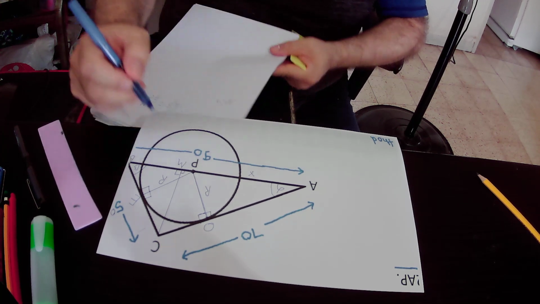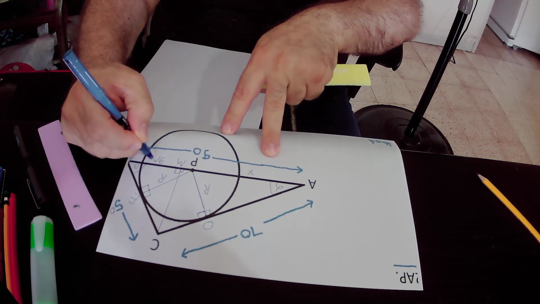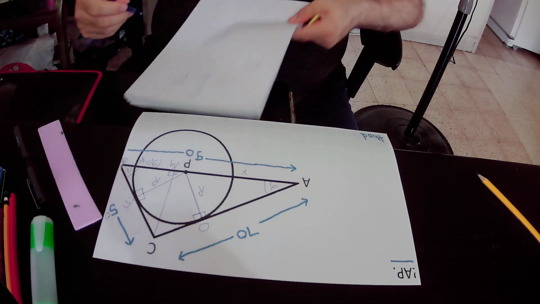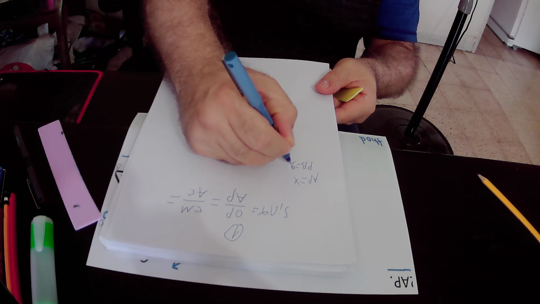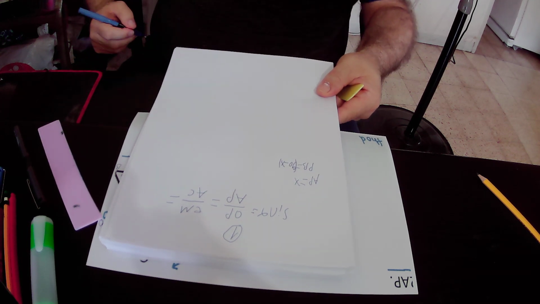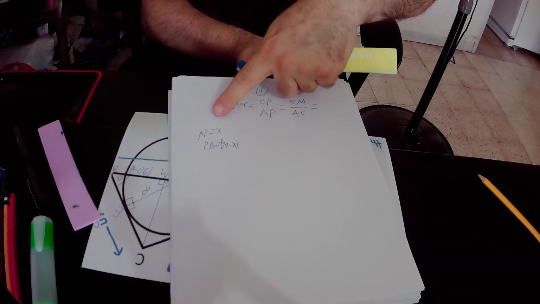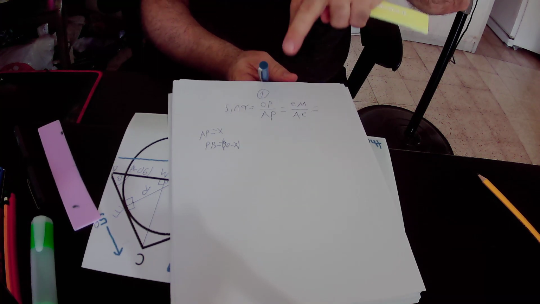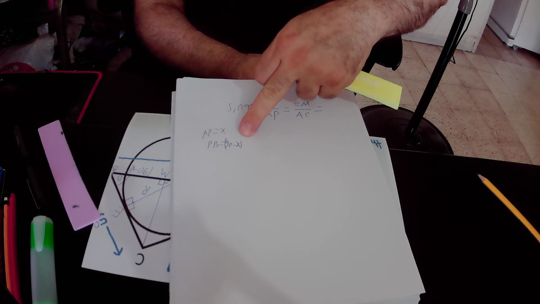So PB will be equal to 90 units minus x. We defined that AP equals x, and from that we concluded that PB equals 90 minus x.